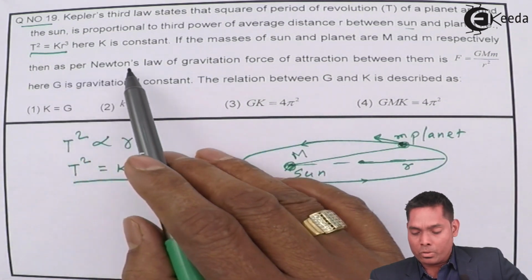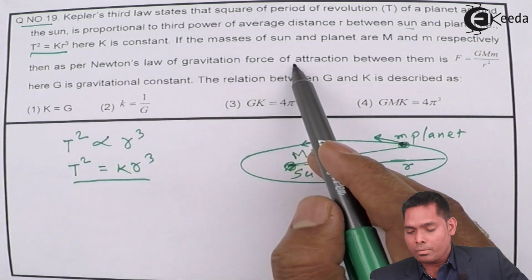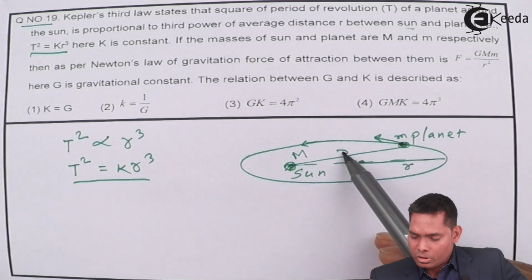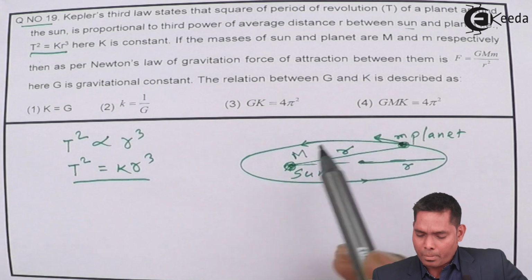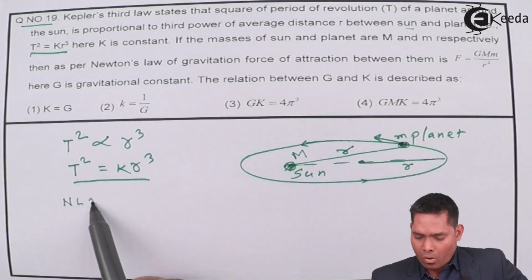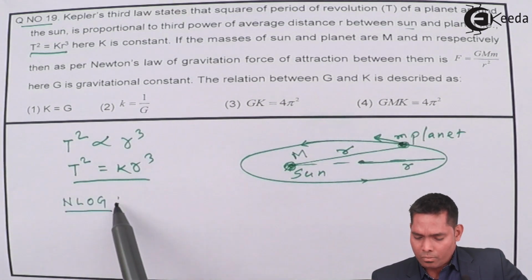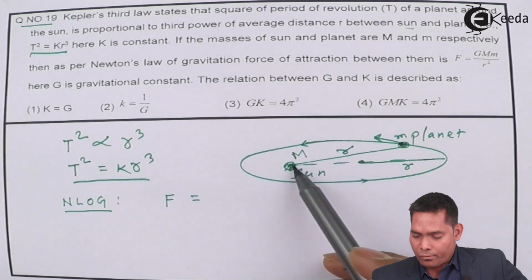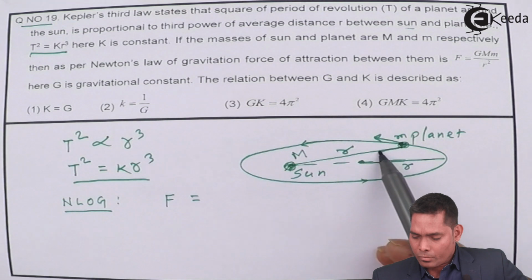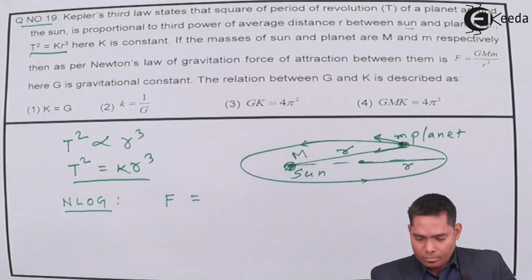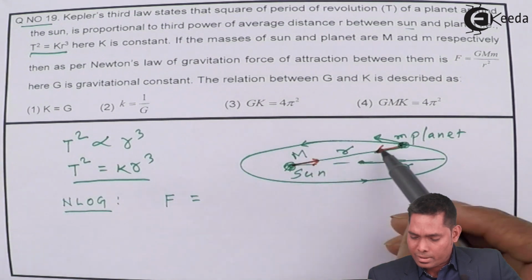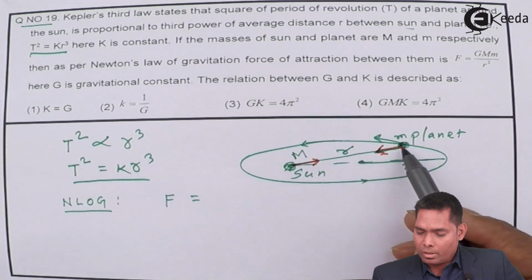Then as per Newton's law of gravitation, the force of attraction between them, if I consider them at this distance r, then I can apply Newton's law of gravitation, which is F, the gravitational force. The sun will pull the earth, and the earth will pull the sun towards it in the same direction, in this direction.